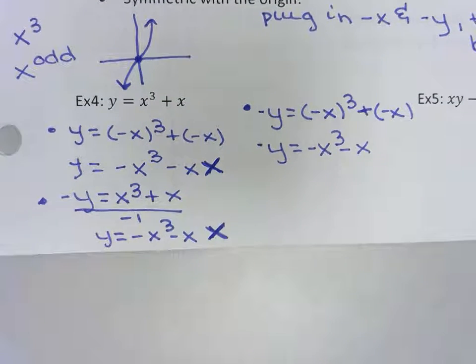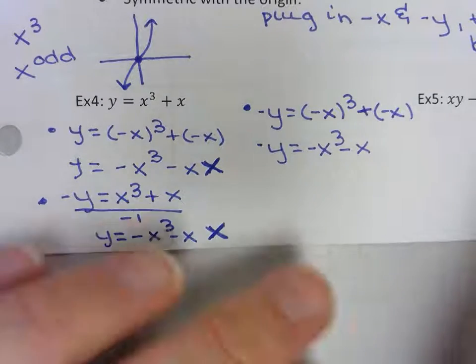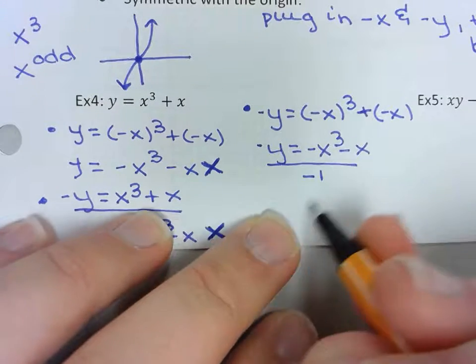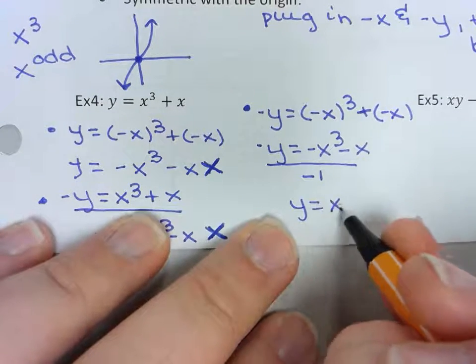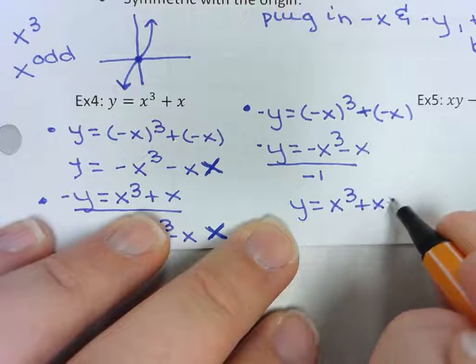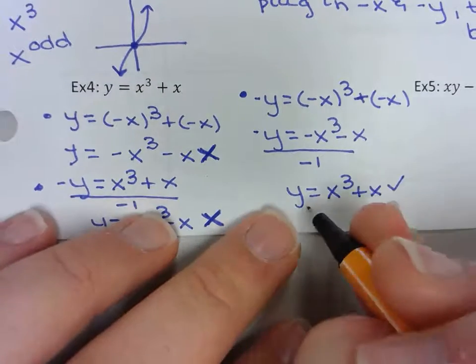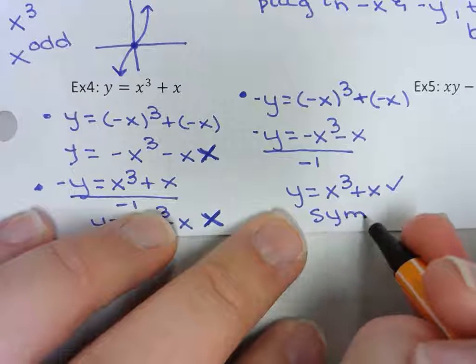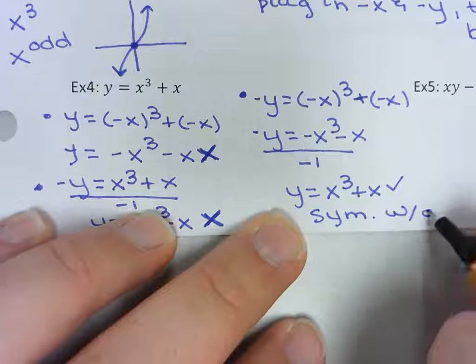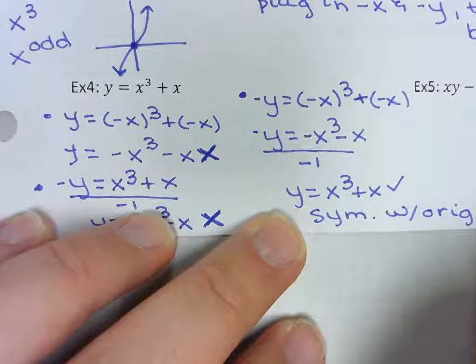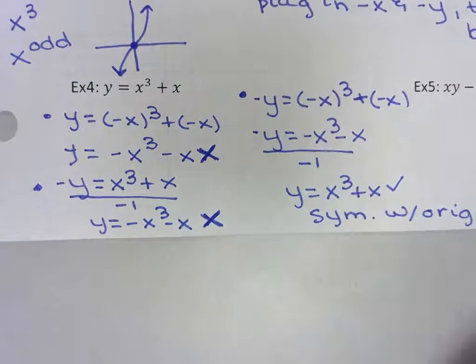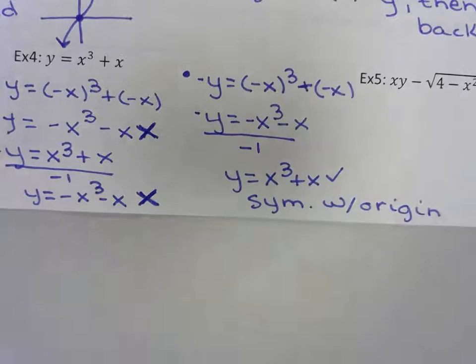If I want to try to get back the original, I need to do what? Divide by negative 1, which will get me back the original. So this is symmetric with the origin. Okay. Any questions so far?